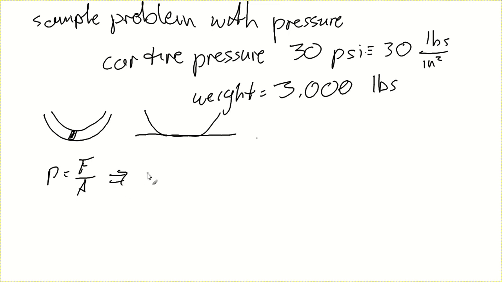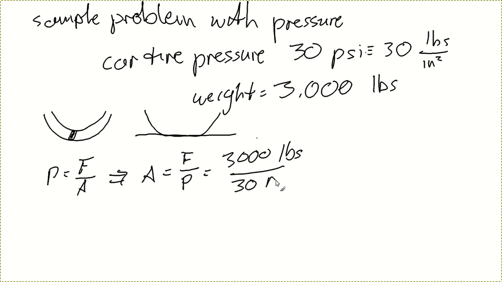So the contact patch area is the force divided by the pressure. The force in this case is 3,000 pounds. The pressure is 30 pounds per square inch, and let me go ahead and write that as pounds per inch squared.